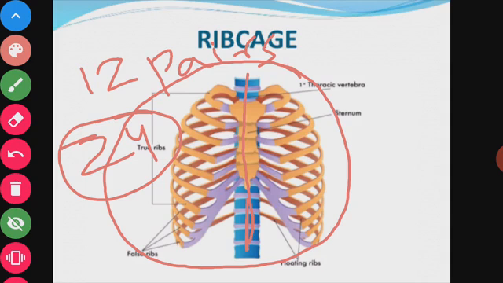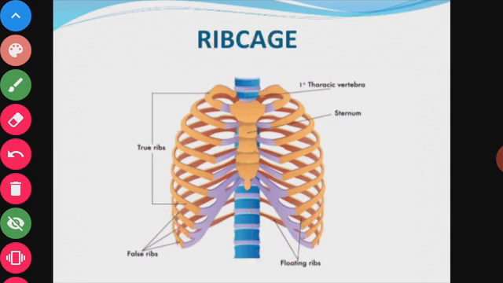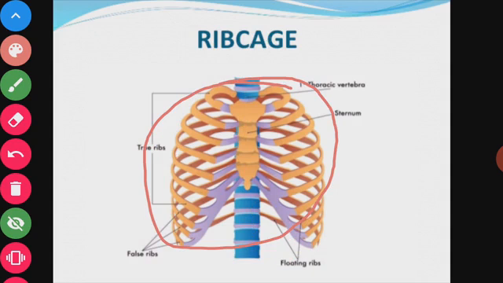The ribs in the rib cage protect the internal soft organs, the human heart, liver and lungs, from injury. 12 pairs of ribs are present, that means 24 ribs.